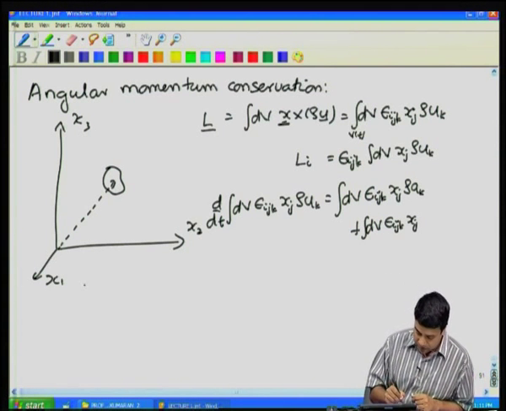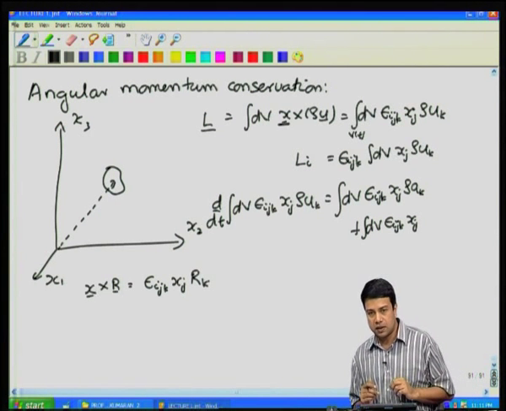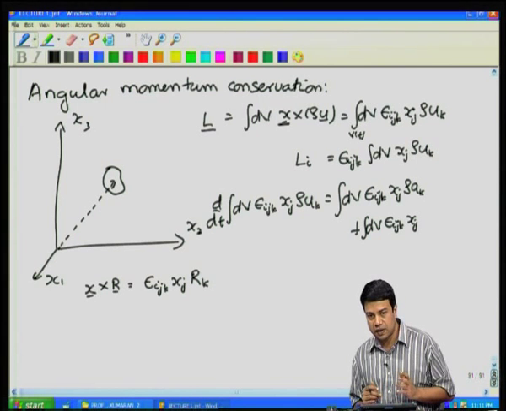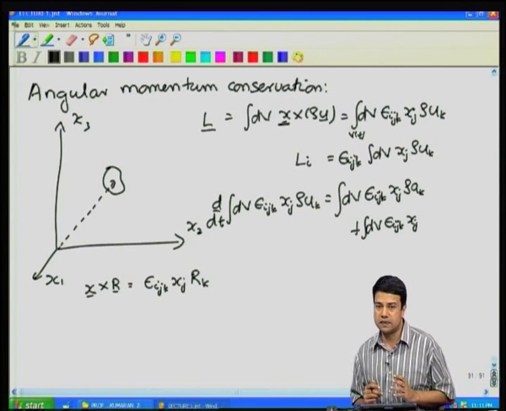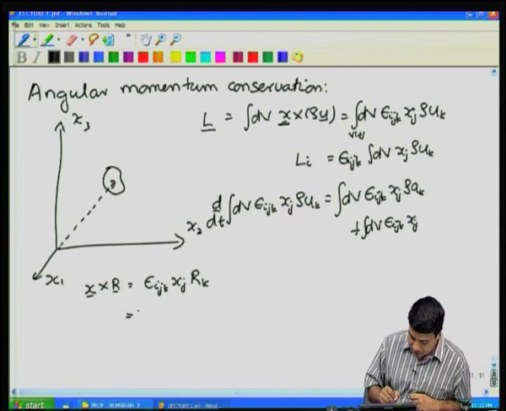X cross r vector can be written as epsilon ijk xj times rk. R itself is equal to t dot n, where t is the stress tensor. So, this I can write as epsilon ijk xj tkl nl.